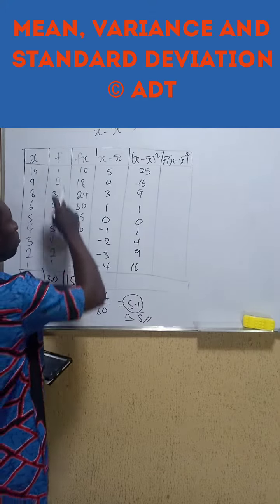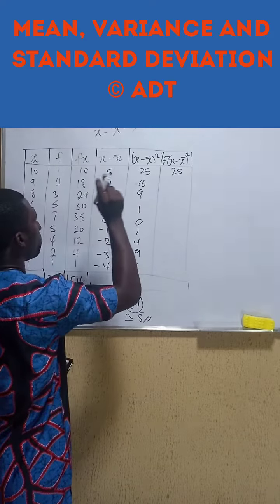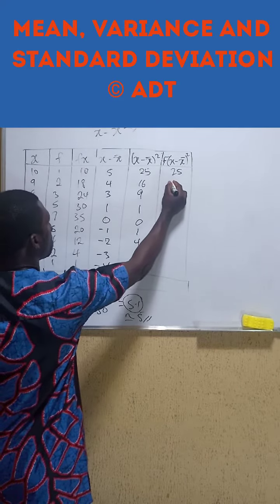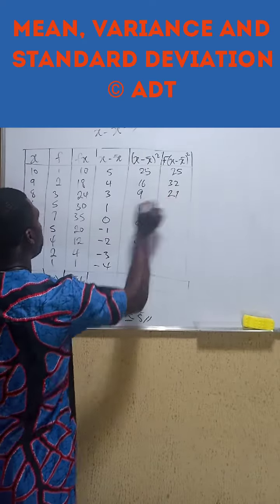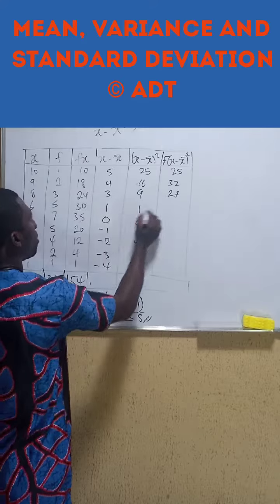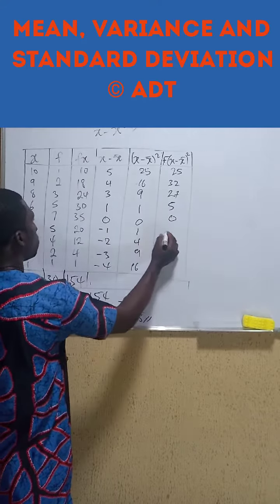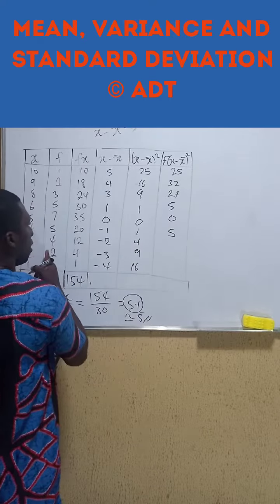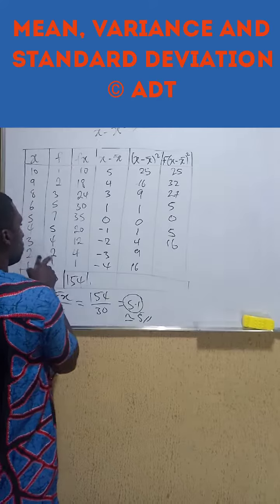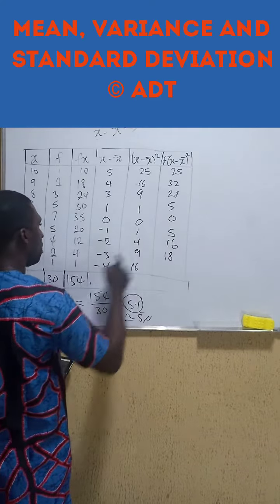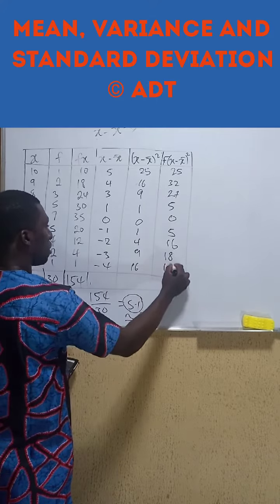And so we say 1 times 25 is 25, 2 times 16 is 32, 3 times 9 is 27, 5 times 1 is 5, 7 times 0 is 0, 5 times 1 is 5, 4 times 4 is 16, 2 times 9 is 18, and 1 times 16 is 16.